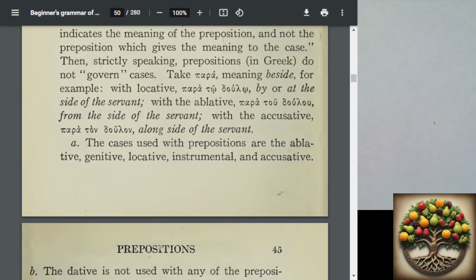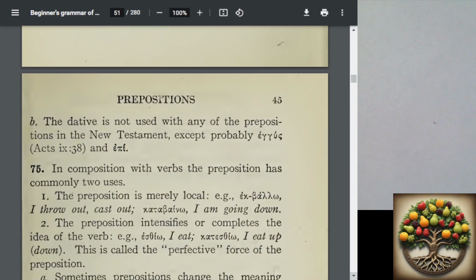Part A tells us that prepositions are used with certain cases. Note that the ones that are missing are the nominative case, the dative case, and the vocative case. Now, part B, I think, is something pretty significant because, now remember, this text is 100 years old, and some of the newer modern grammars don't really delineate very well between the dative, locative, or instrumental.